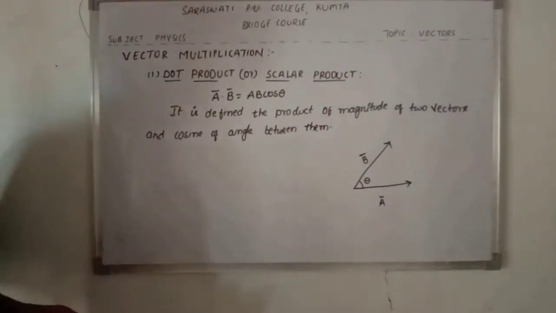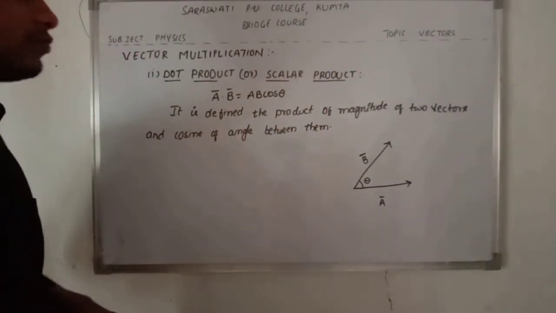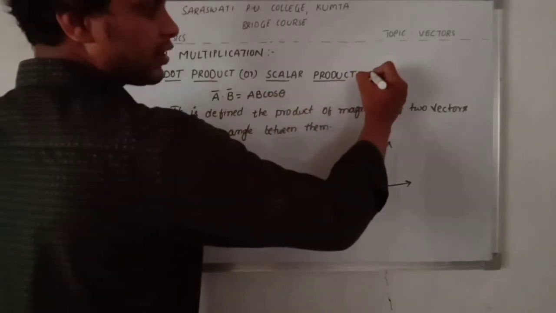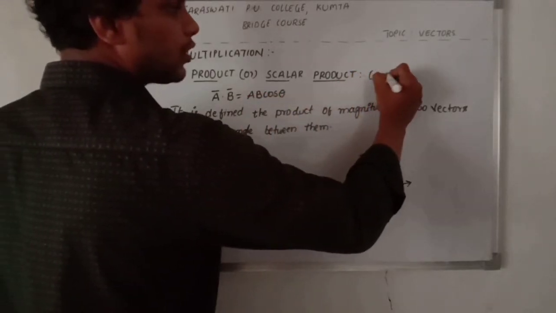So this is the dot product of two vectors. I'll take the scalar product or dot product of two vectors.